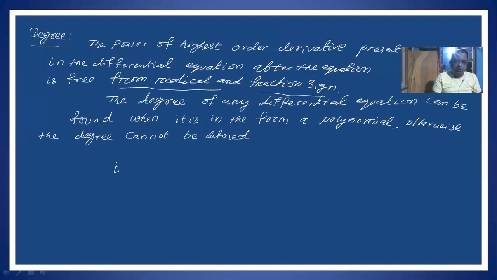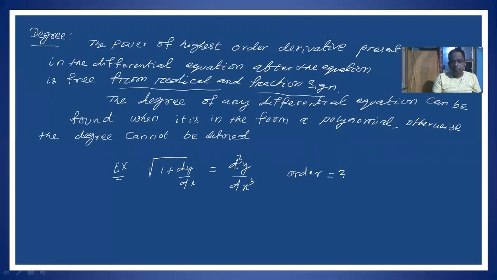Suppose, for example, the equation is written this way: 1 plus (dy by dx) whole square root equal to d cube y by dx cube. Find the order and degree. Here the order is obviously 3, because the highest order derivative is 3.